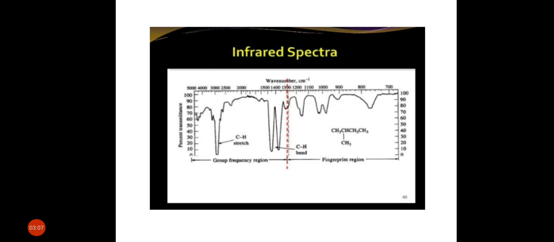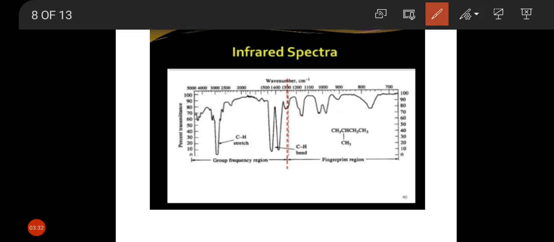In an IR spectrum, the x-axis represents wave number and the y-axis represents transmittance. In this spectrum you can see two regions: one is the group frequency region, another is the fingerprint region.